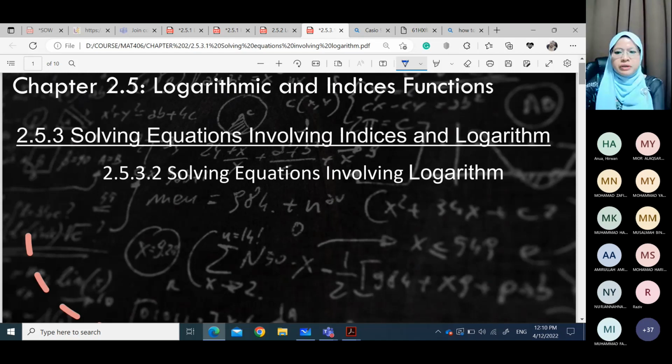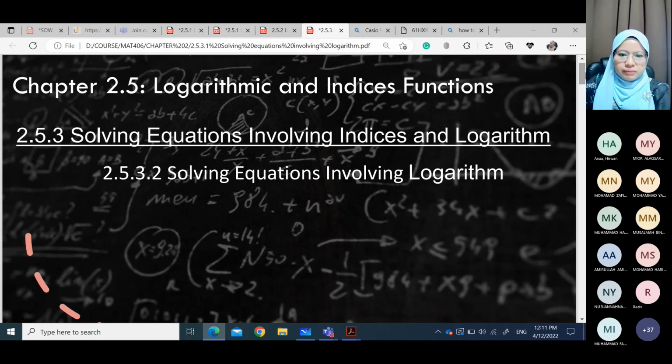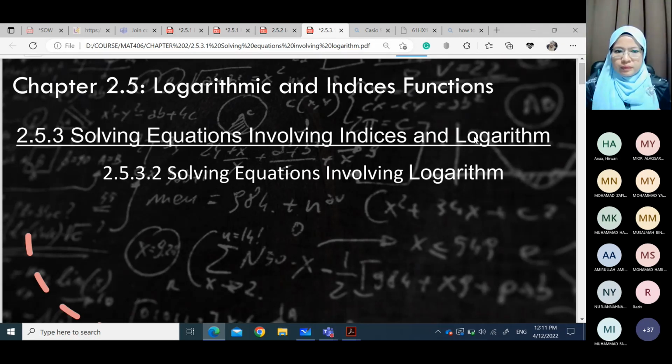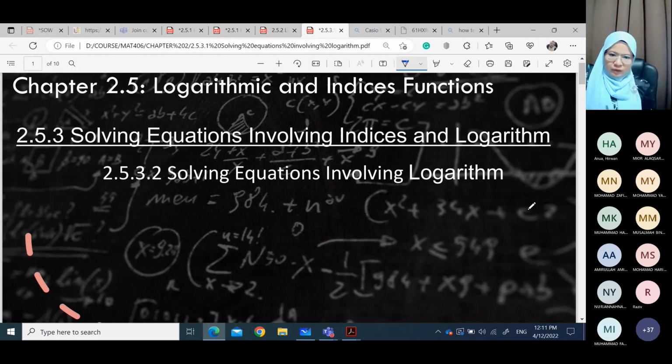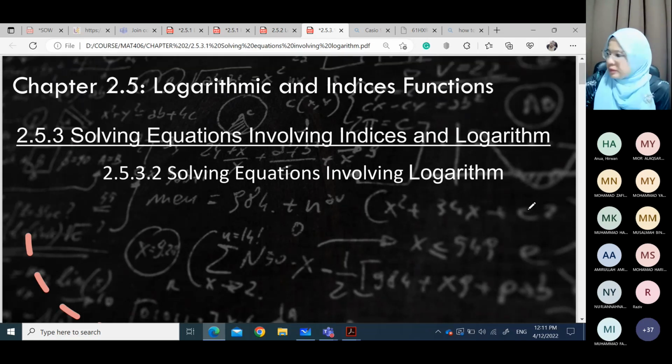Solving equation involving logarithm. Okay, mari kita sambung.